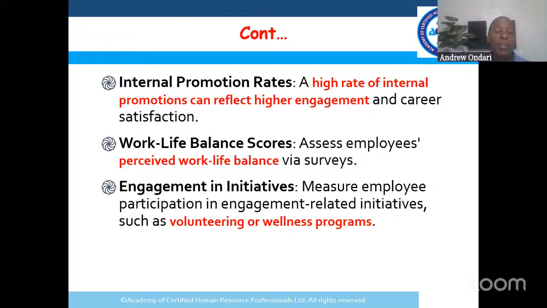So to resolve this, one of the strategies that will enable us to engage employees is to create a work-life balance, where we are creating time for the employees to attend to their personal activities or assignments, and at the same time, allow them enough time to work with us.